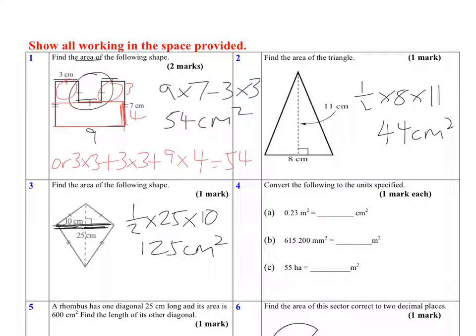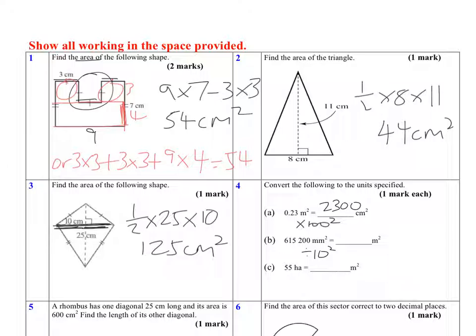Okay, convert the following. So meters to centimeters is normally 100, but it's going to be squared. Gets you 2,300. Millimeters to meters. So millimeters to centimeters is divide by 10, but it's squared because it's millimeters squared.